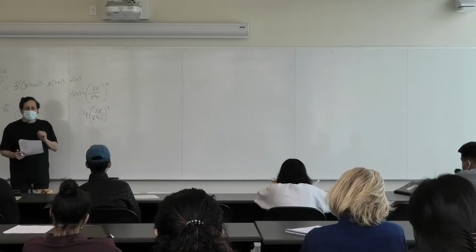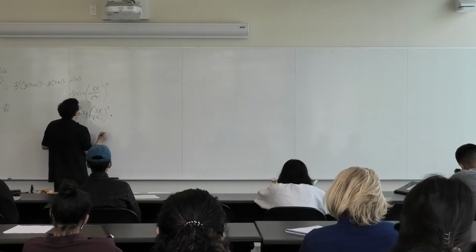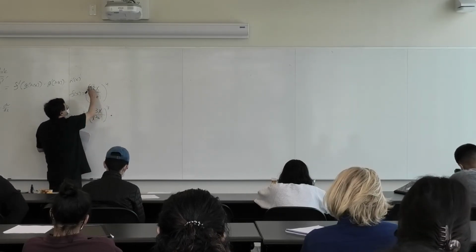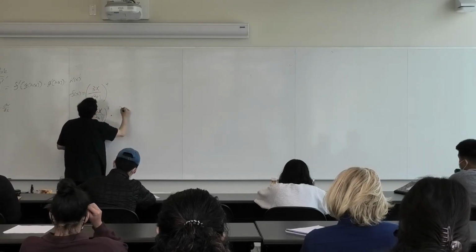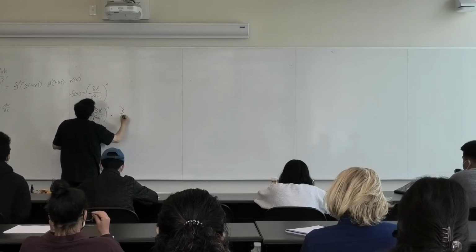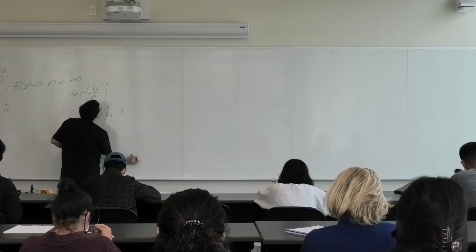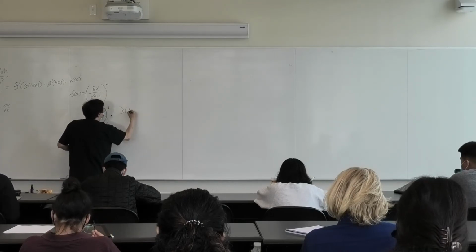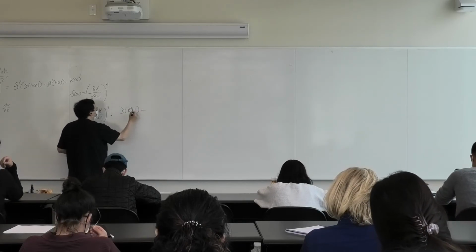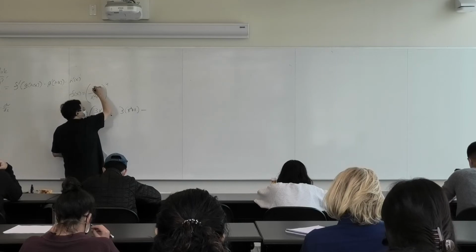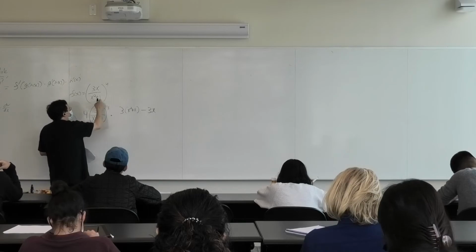Use the quotient rule, right? So let's see if I can do the quotient rule without a mistake. This is f and g. Derivative of f, that's just 3, times g, x squared plus 1, minus 3x times the derivative of x squared plus 1, which is 2x.